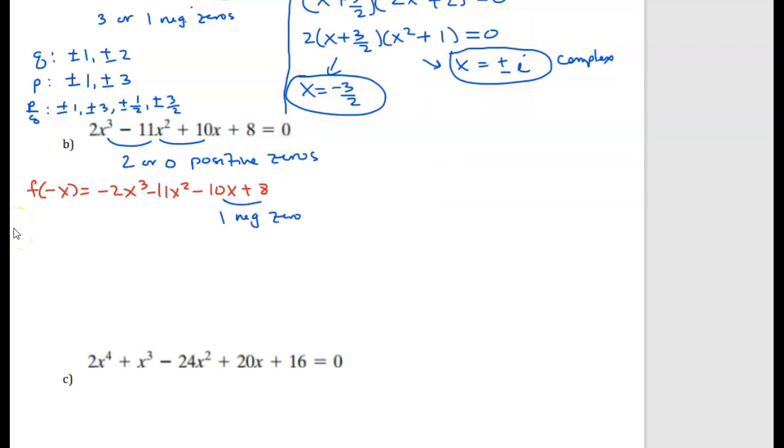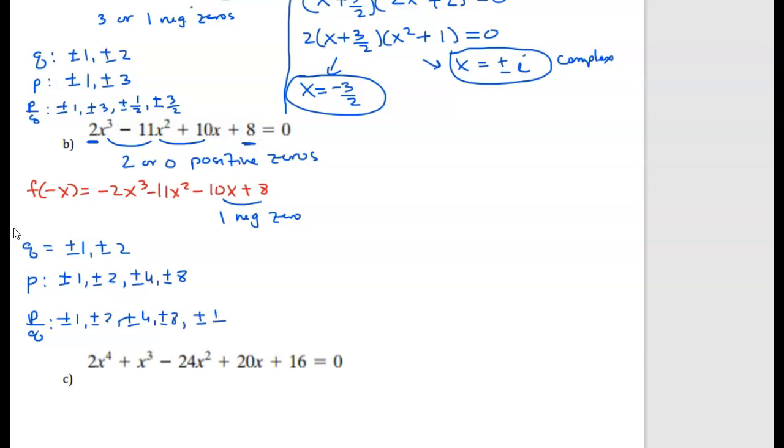Alright, let's see. Q factors are plus or minus 1 and plus or minus 2. P factors are factors of 8, so plus or minus 1, 2, 4, and 8. So P over Q is going to give me all of these 1, 2, 4, and 8, and these divided by 2.